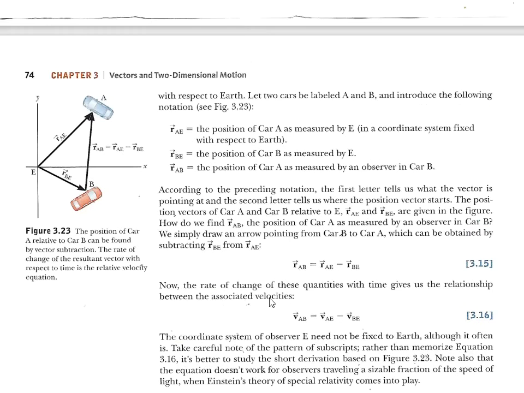Alright, one other thing, I'll look at this figure. Figure 3.23 shows the relative positions of 2 cars, but then it says that the rate of change of the resultant vector with respect to time is the relative velocity equation.